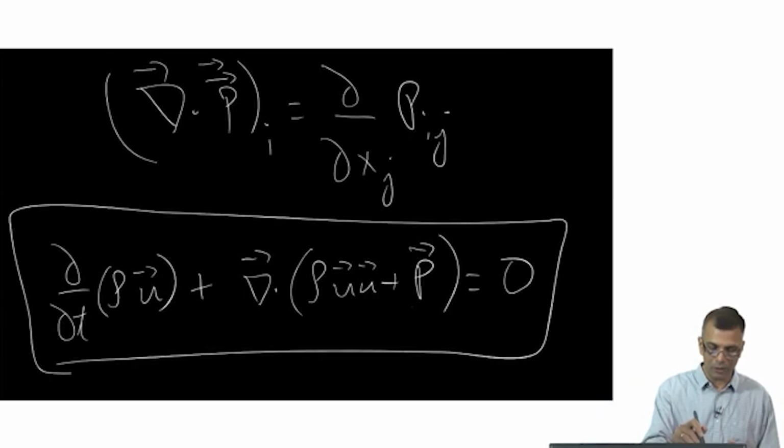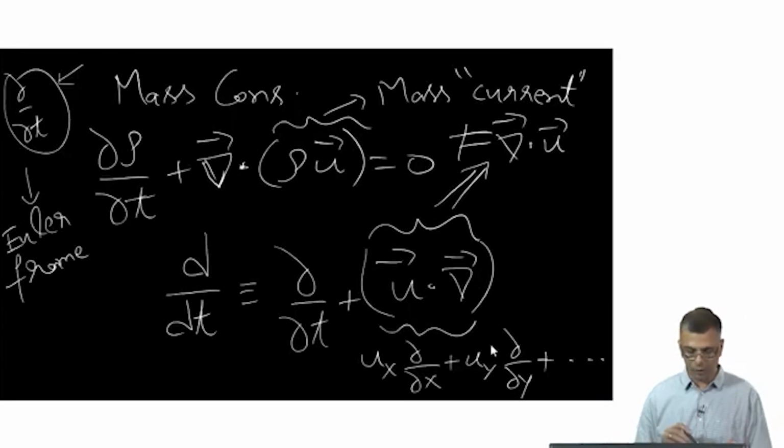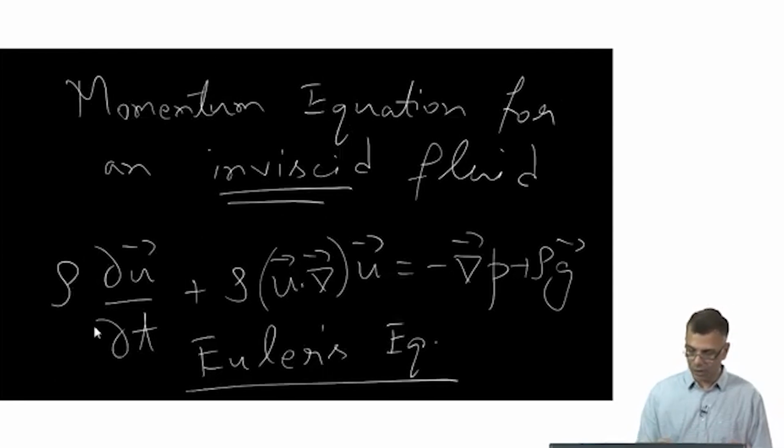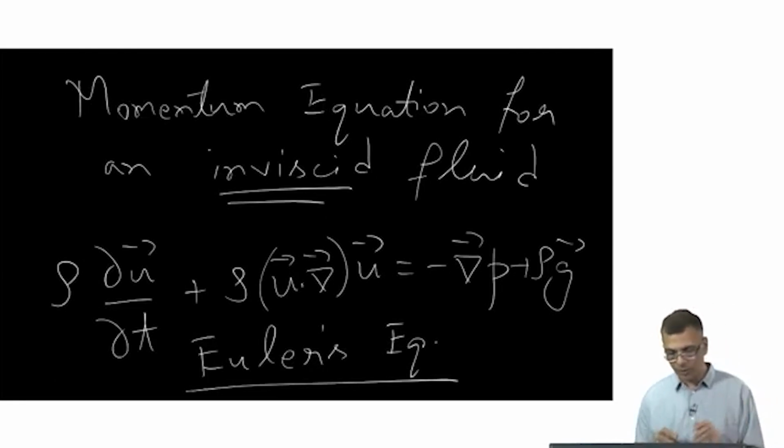Now, if you recall the difference between the Eulerian derivative and this definition, you can quickly see that it's possible to write down this equation in Lagrangian form also. It's a little easier in this case.